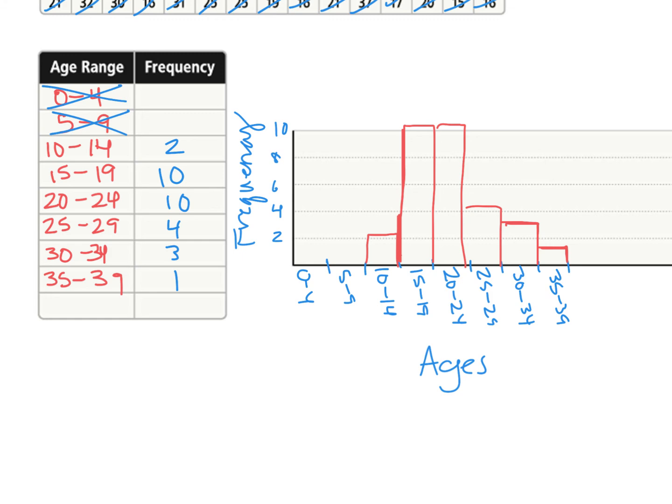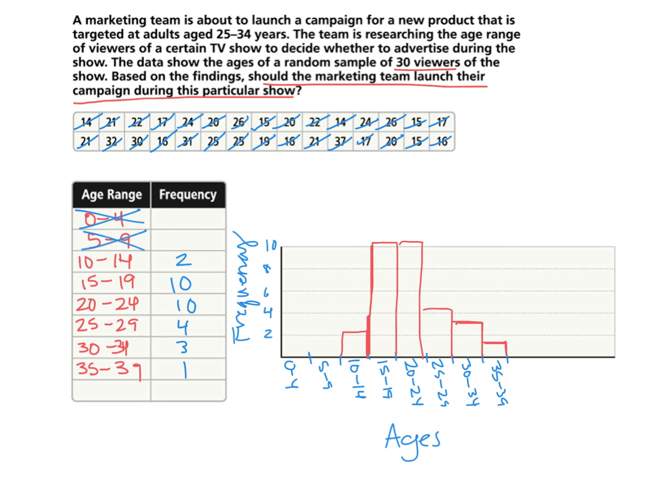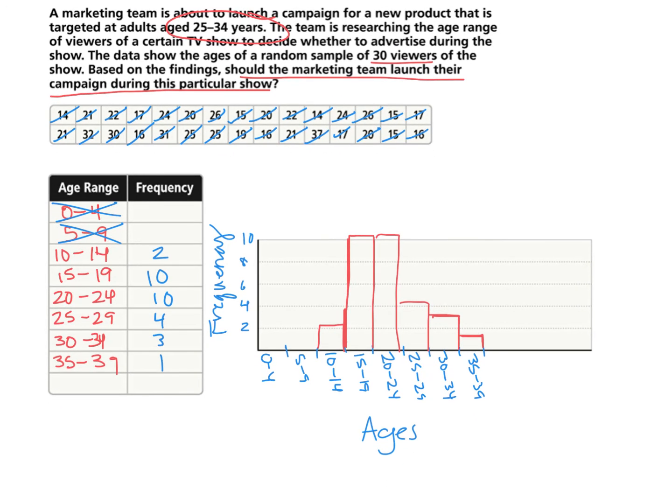Okay, so now that we can see what our data looks like visually, can we answer the question? Should the marketing team launch their campaign during this particular show? We want to remember that their campaign is targeting adults between the ages of 25 to 34 years. If we look at our histogram, between 25 to 34 years is this group right here.